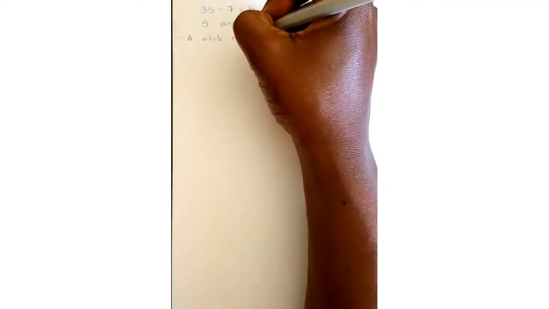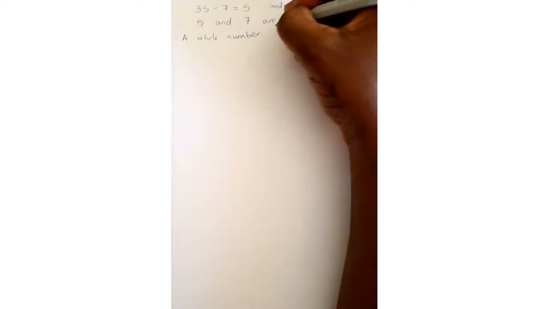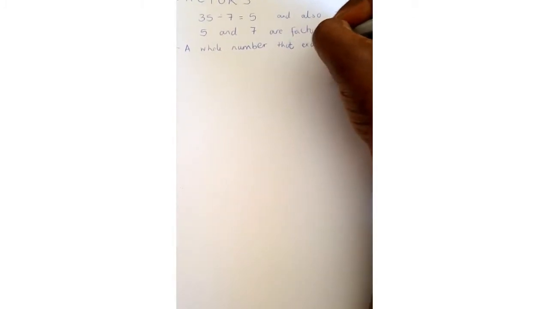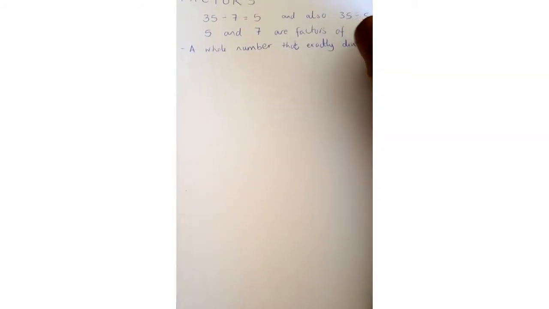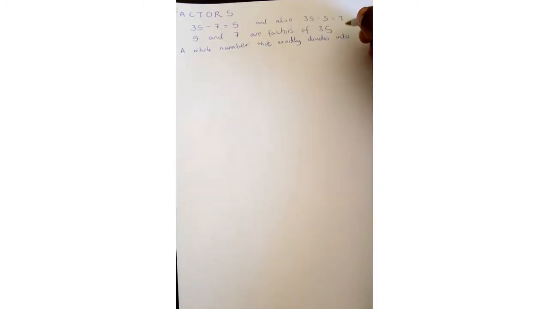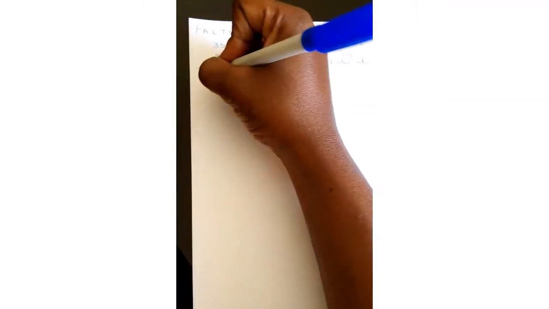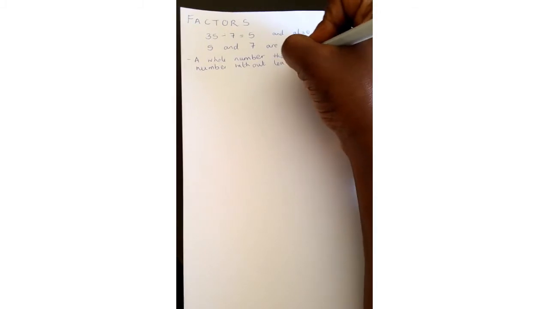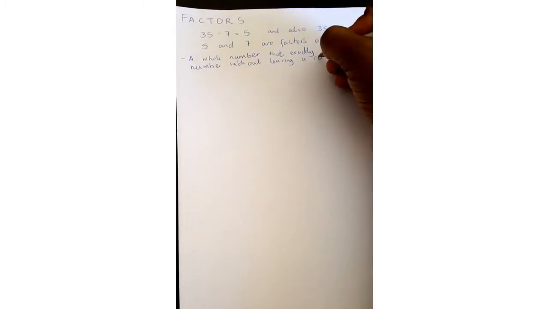A factor is a whole number that exactly divides into another number without leaving a remainder.